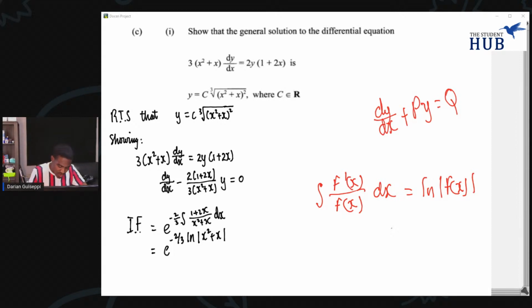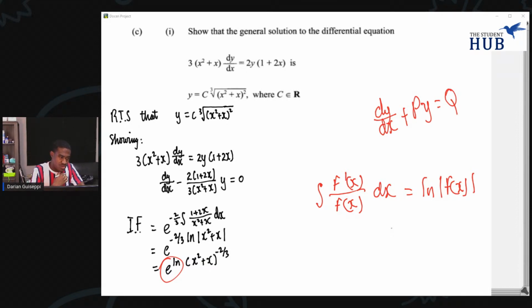So as I was saying, we apply the rule f prime on f of x here, and you'll get ln of f of x. That's what you have here. And then we could use the rules of logs and just bring up the power, and what we will get is this here. And you notice that e to the x and ln x are inverses of each other, so they will just cancel off each other.